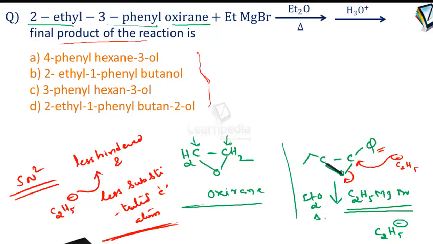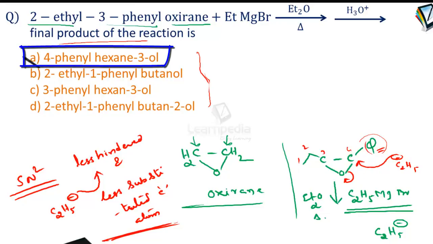So total 1, 2, 3, and this is the OH, this is the 4, 5, 6. So a hexanol will be formed, but the OH group is on third, and on the fourth is the phenyl group. So 4-phenyl hexan-3-ol. So therefore 4-phenyl hexan-3-ol, option A, is the right answer.